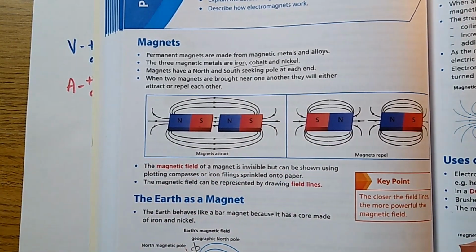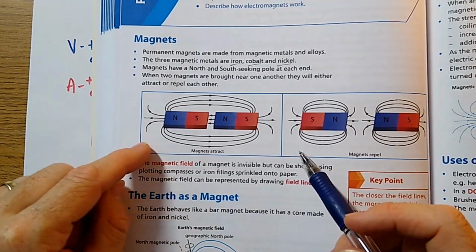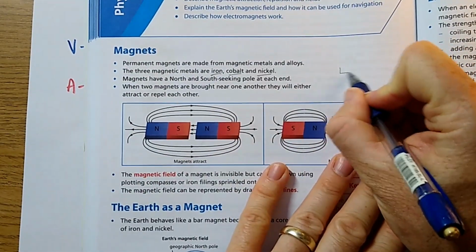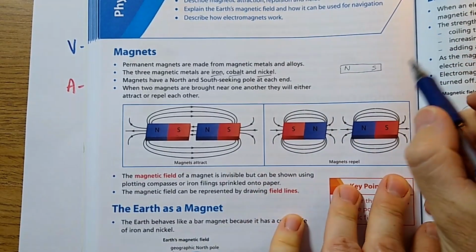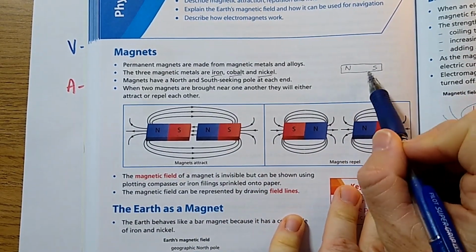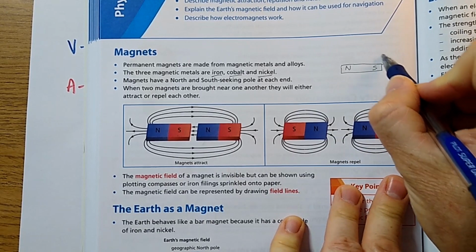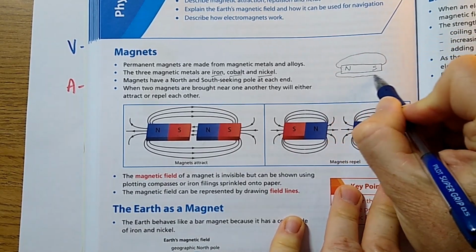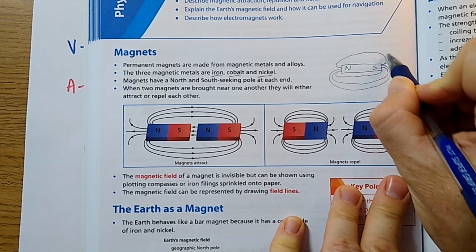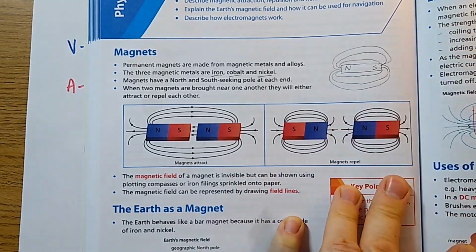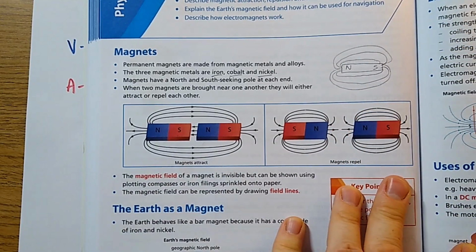Now, if you've got just one magnet, I'll just draw one magnet here. There's a north, there's a south. I like to think of that as a beef burger, and then we've got the burger buns around it. It's really quite silly to talk of it like that, but that's the way I like to think of it.